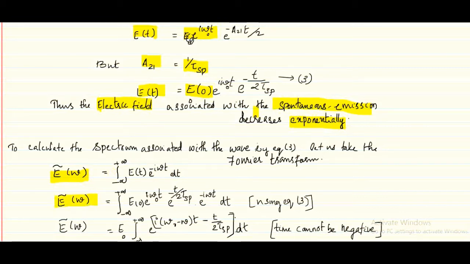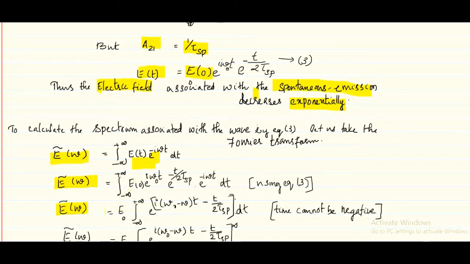Substituting the value of E of t from equation 3, E bar of omega equals integral minus infinity to plus infinity E0 e raised to i omega 0 t e raised to minus t by 2 tau sp e raised to minus i omega t dt.